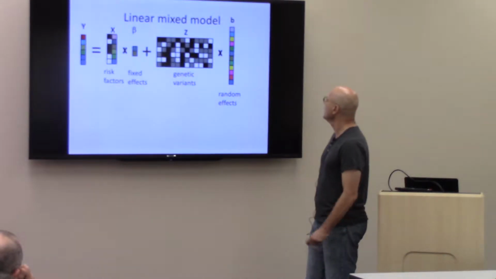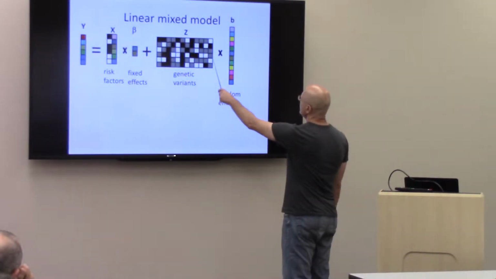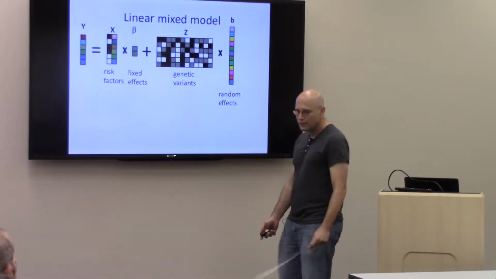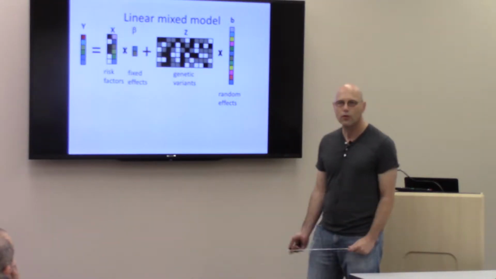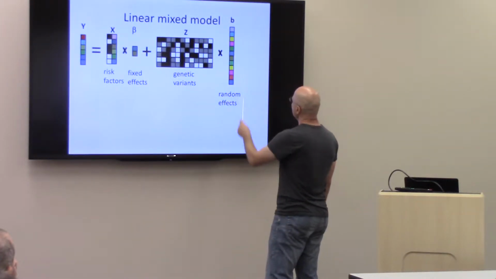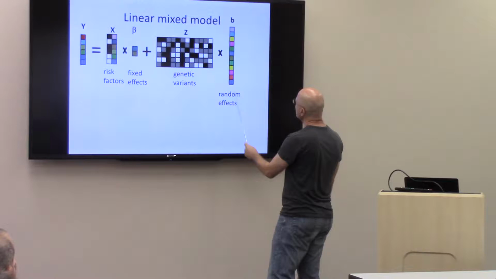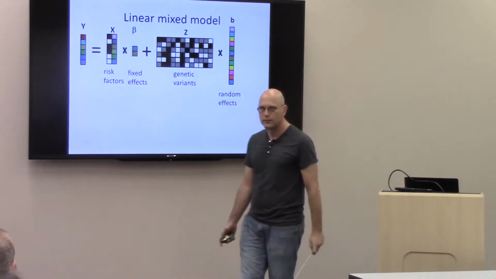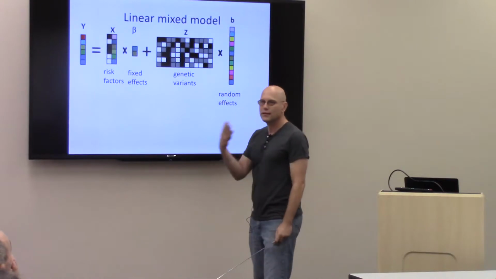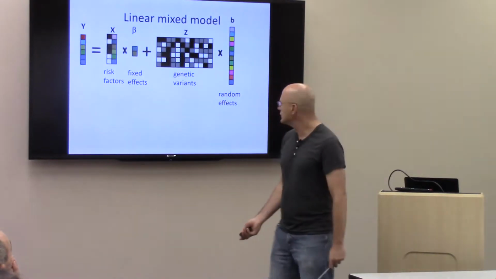What we add for the linear mixed model is this very large matrix of genetic variance, which has, say, 500,000, a million, or 3 billion columns, whatever we want to assume. It also has a vector of parameters, but these are not treated as parameters but as random variables. So we don't have to estimate them; we can integrate them out when doing our analysis.